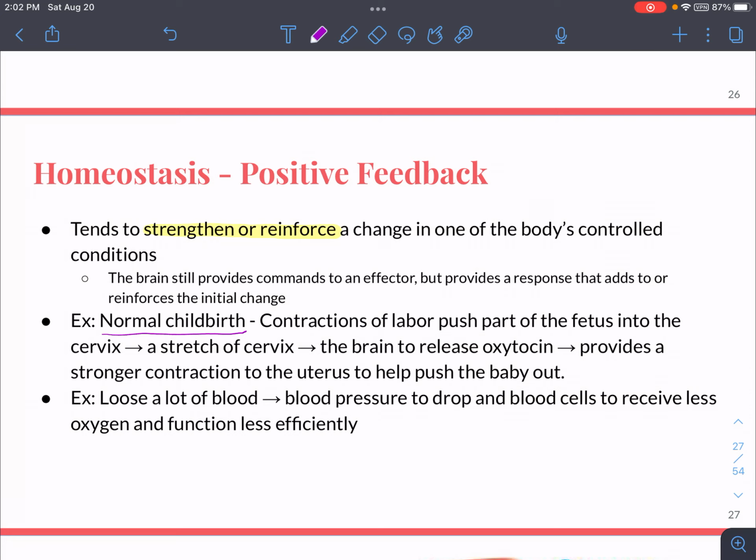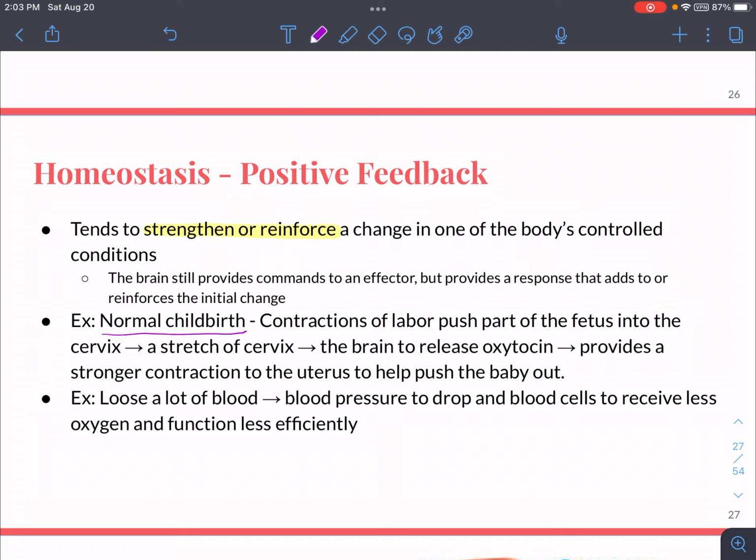That's a hormone that comes from one of the two endocrine glands in the brain, and it releases the oxytocin to produce stronger contractions in the uterus to help push that baby out. That's a positive feedback because it's reinforcing or strengthening. It's adding more to it to get that baby to come out.